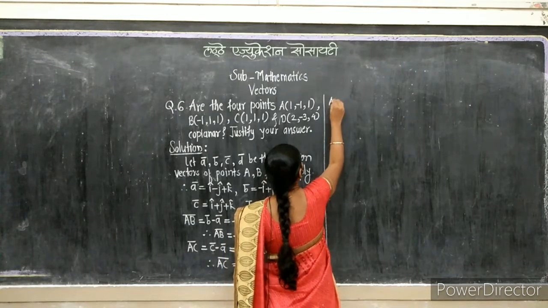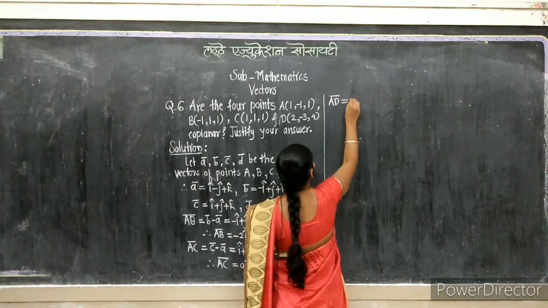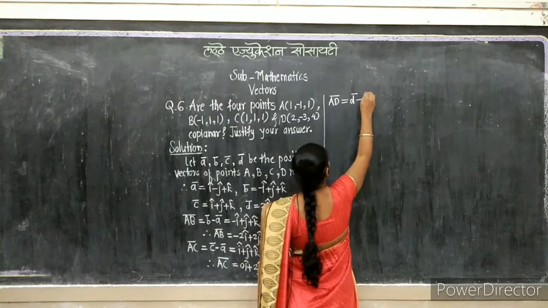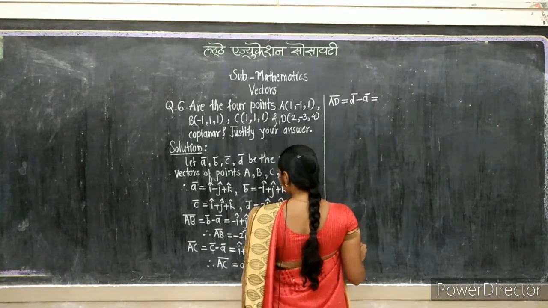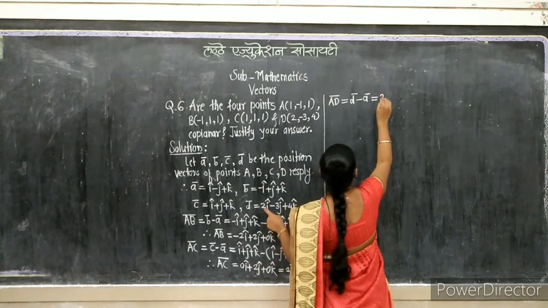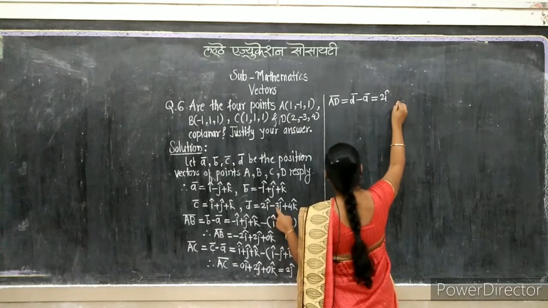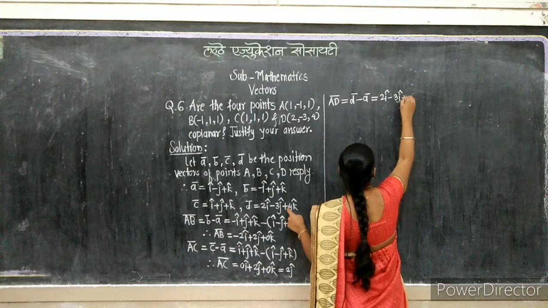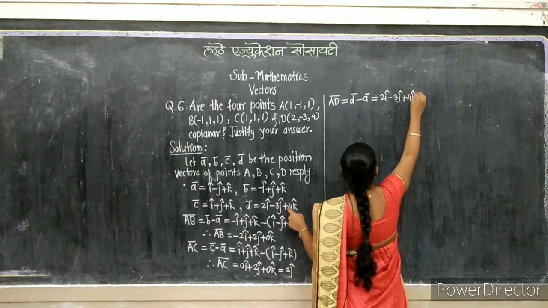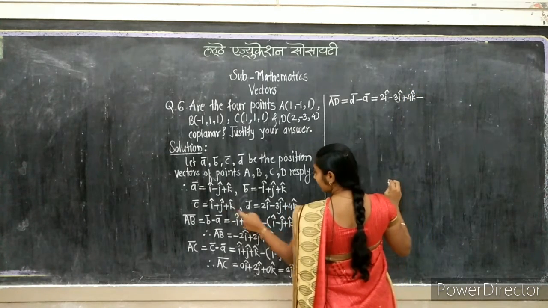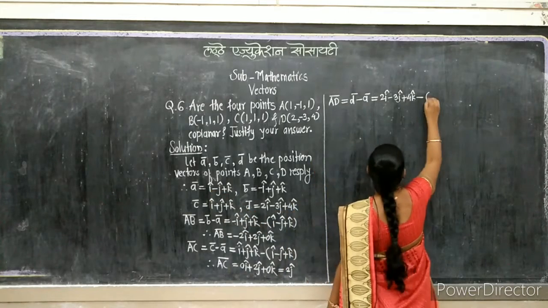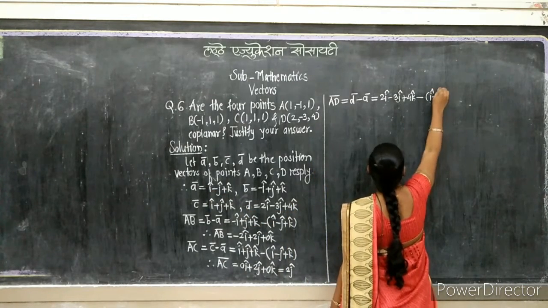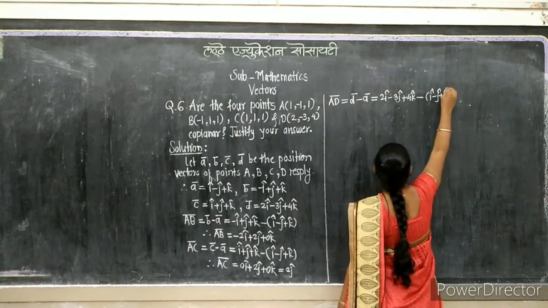Then find out AD bar. AD bar is equal to d bar minus a bar, which is 2 i cap minus 3 j cap plus 4 k cap minus (i cap minus j cap plus k cap).